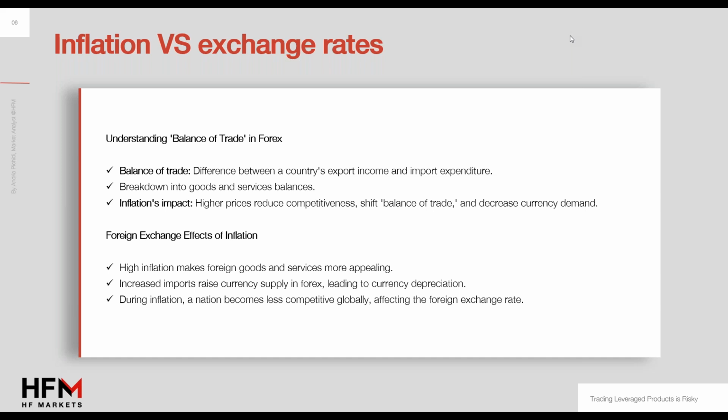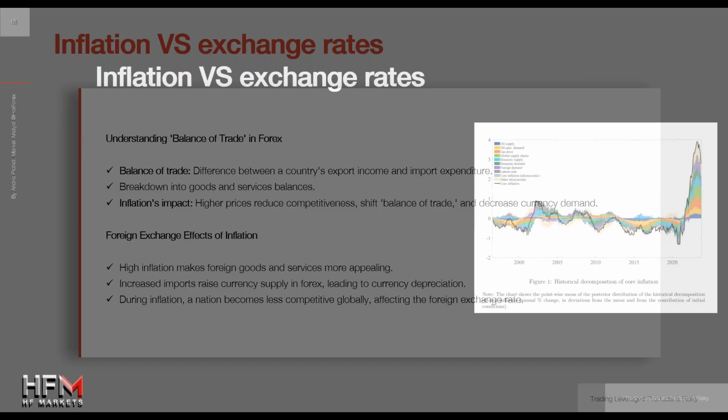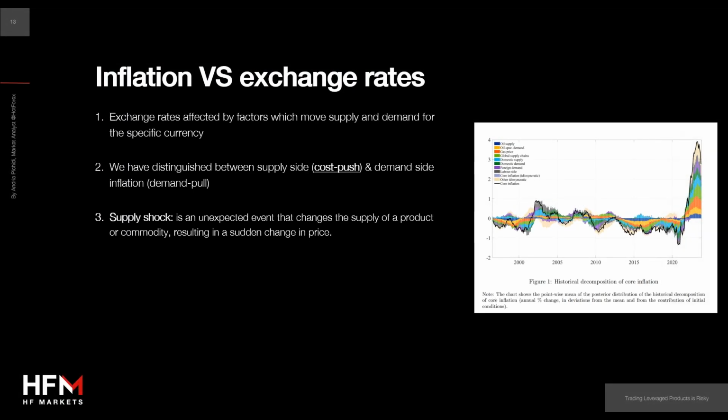So remember that we said initially that it is a comparison between two economies. So euro dollar represents the comparison between the European economy and the US economy, and so on and so forth. The same for pound dollar, dollar yen, and so on. Because it's all about supply and demand, as we said, for that specific currency.